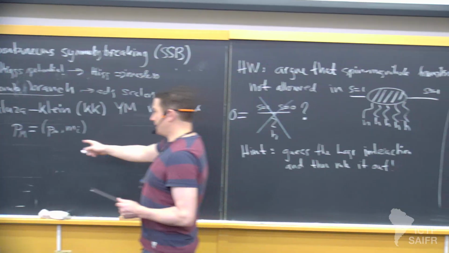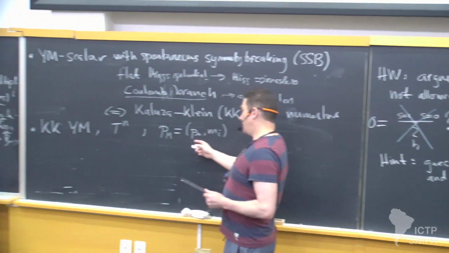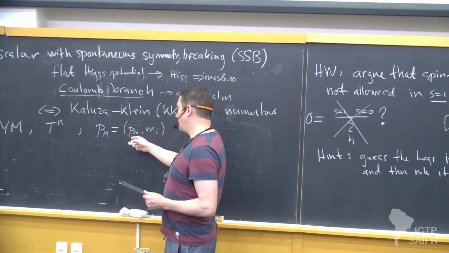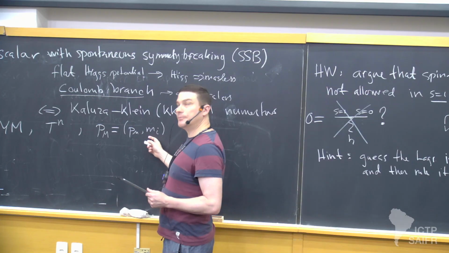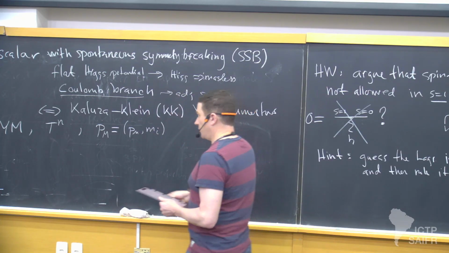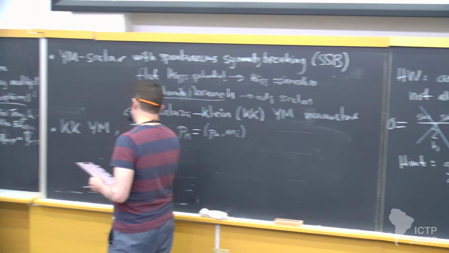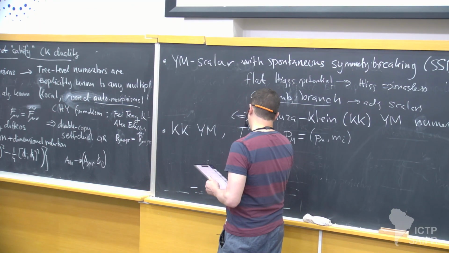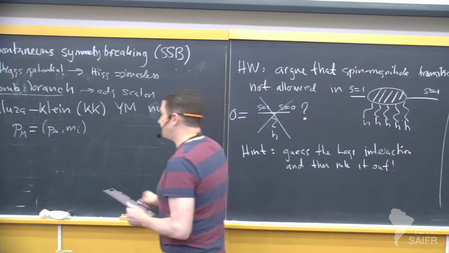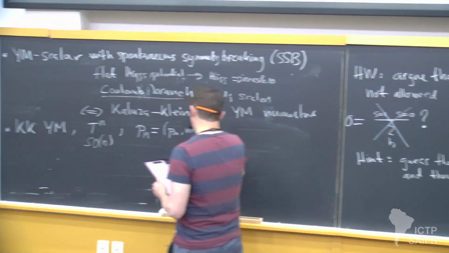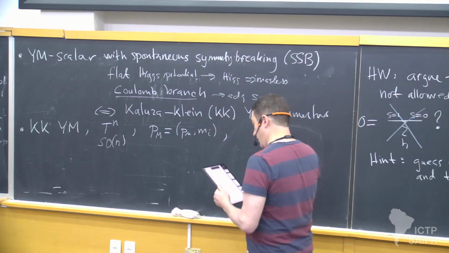So basically, this is a space-time Lorentz vector. This is some SO(n) vector in the internal space, because the symmetry of the n-torus is basically SO(n). Okay, and so that's what you do with the momenta.